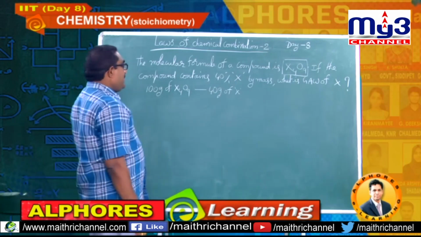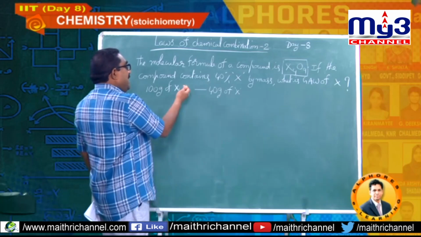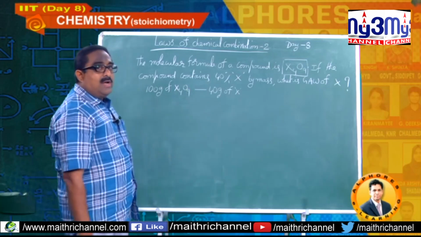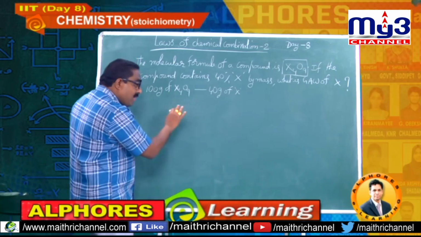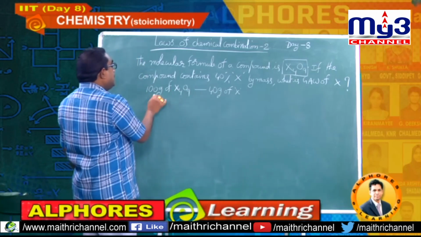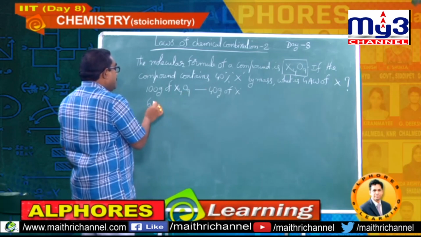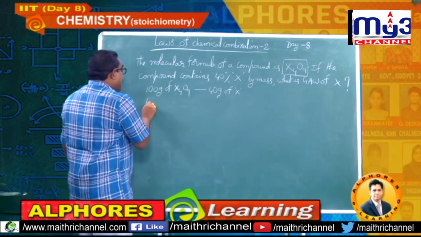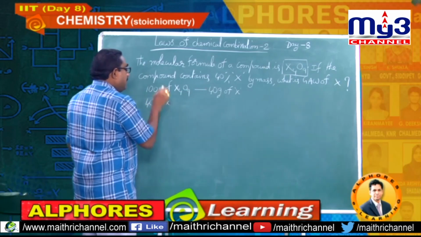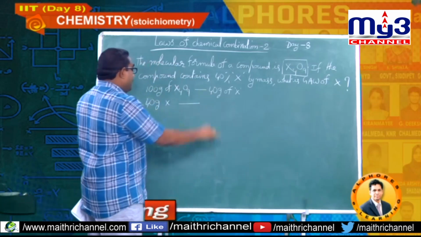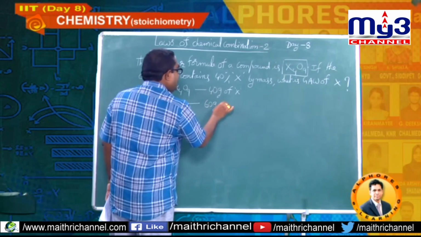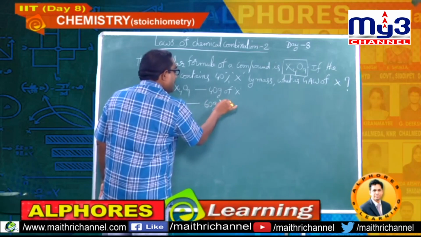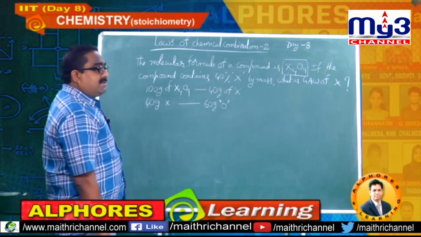Nothing but the mass corresponding to oxygen, because it contains only 2 elements, X and oxygen. So, 100 minus 40, 60. 40 grams X is present along with 60 grams of oxygen. You can get the conclusion like this.